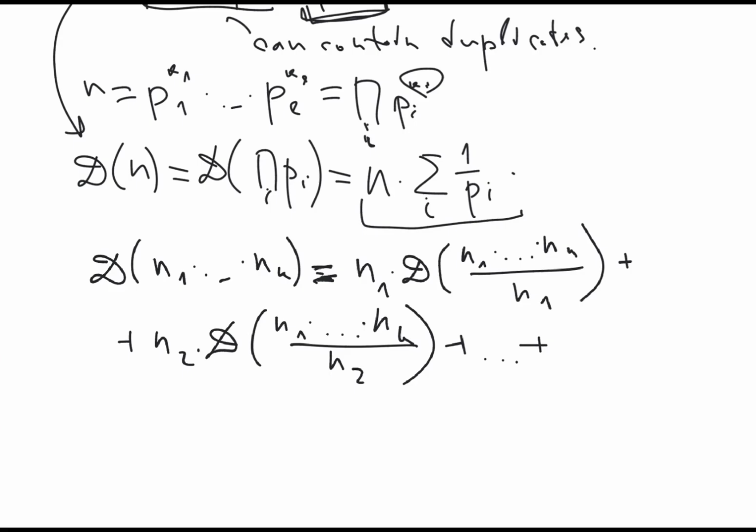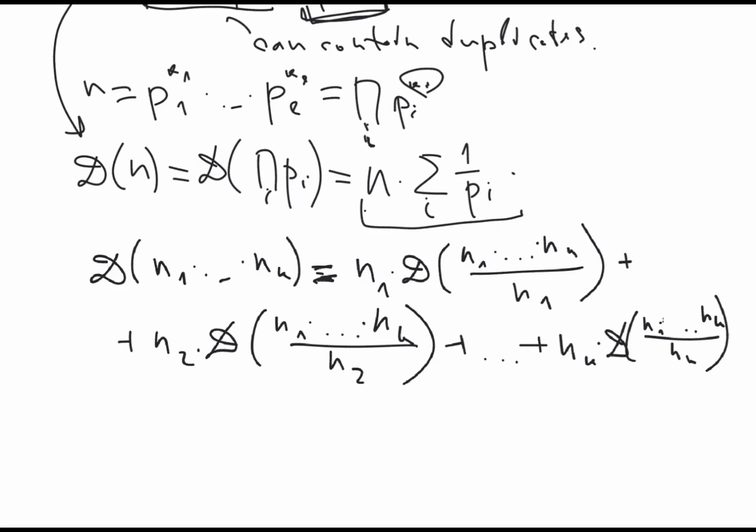And the last one would be nk multiplied by the derivative of n1 multiplied by nk over nk. So we have not proved this yet, so this is just analogous to the ordinary derivative, but it could be proved.